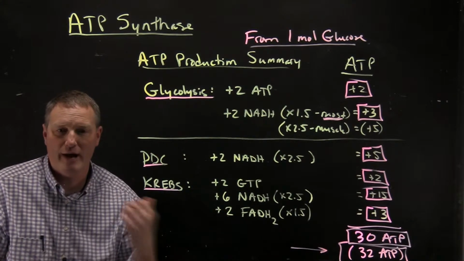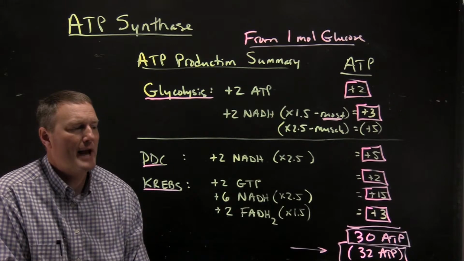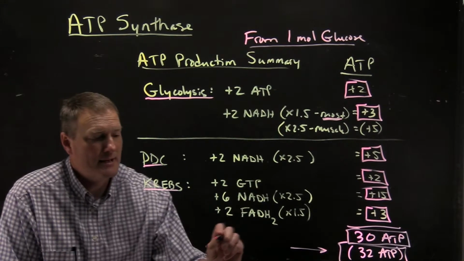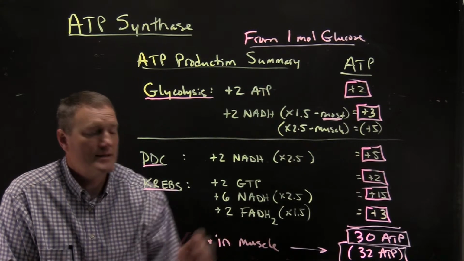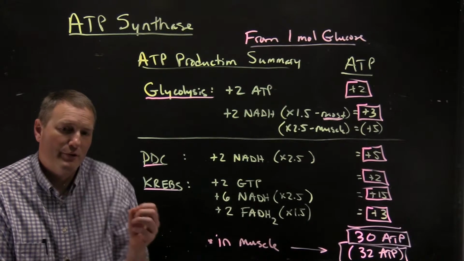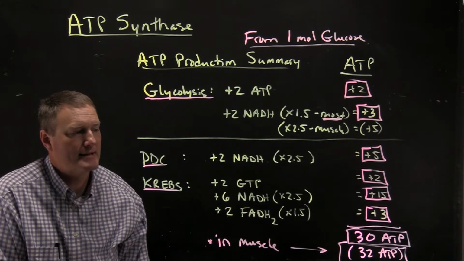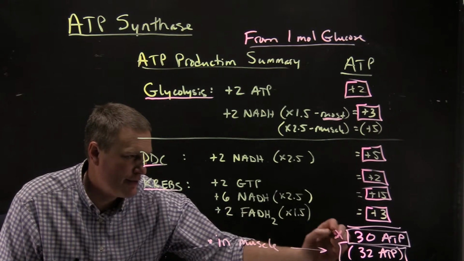Muscle, because of the contraction of the muscle tissue, the actin and myosin filaments, requires ATP. So it makes sense that in muscle, there has evolved this additional little burst of energy for every mole of glucose that gets oxidized. But the key number I'd always remember is this one here, 30.